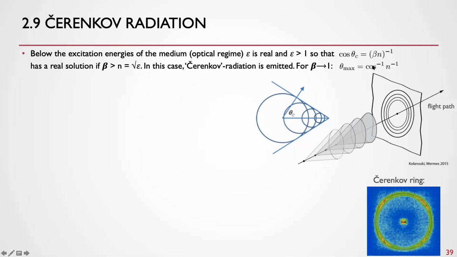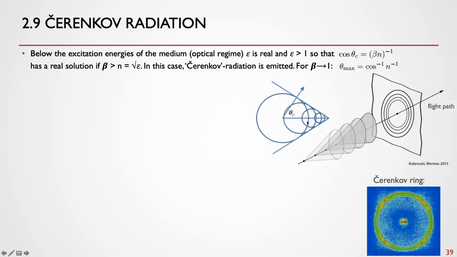It's the inverse cosine of the inverse n. So theta max is arccosine, as we say in German, I believe, of 1 over n.